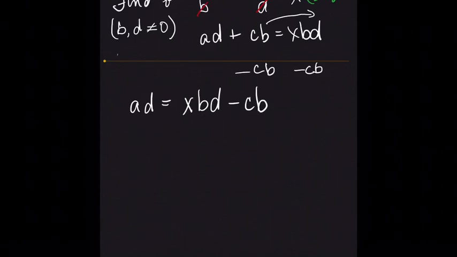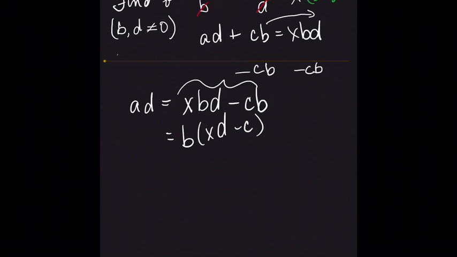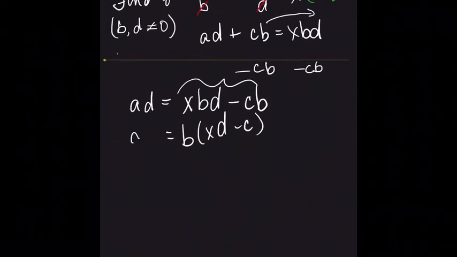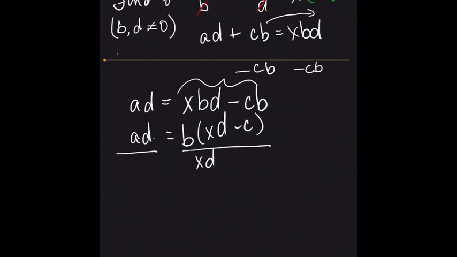All right, once again, I'm always reminding myself, I'm solving for B. So I've got to take my b out of here so that I have all my b's together. So b times xd minus c equals AD. All right, and in order to get b by itself, we have to divide both sides by what it's being multiplied by, xd minus c.